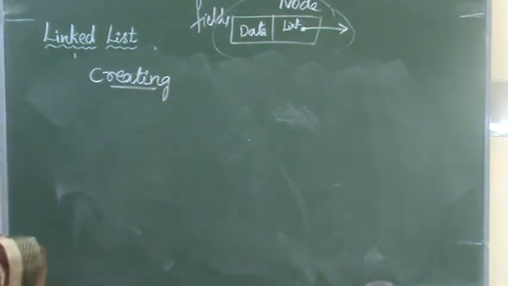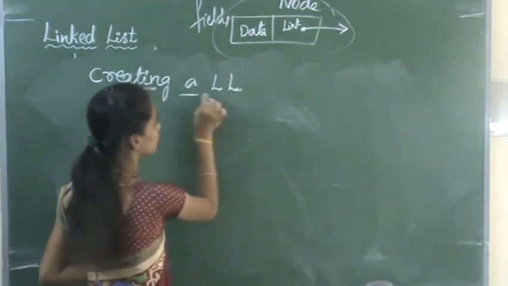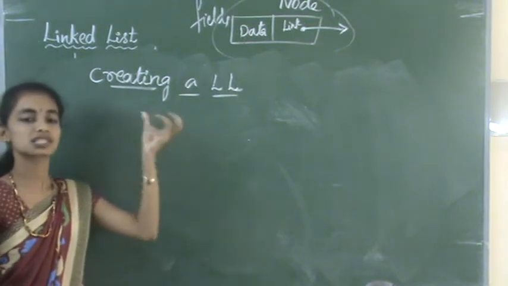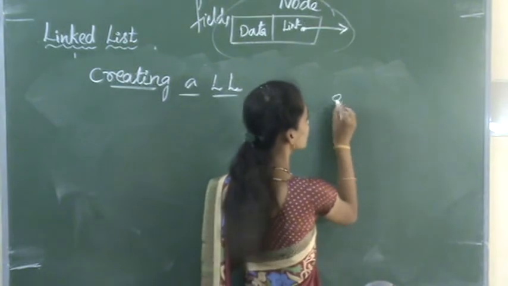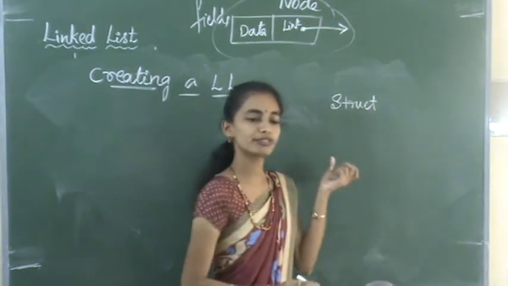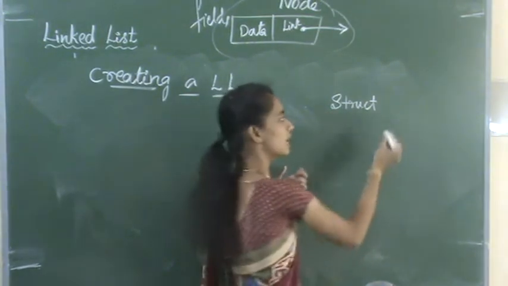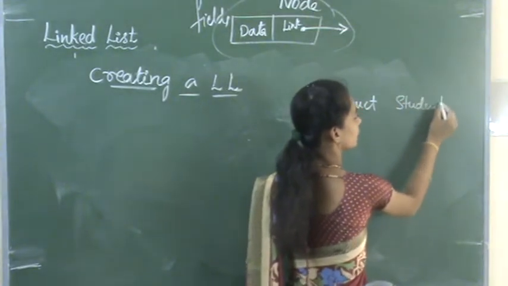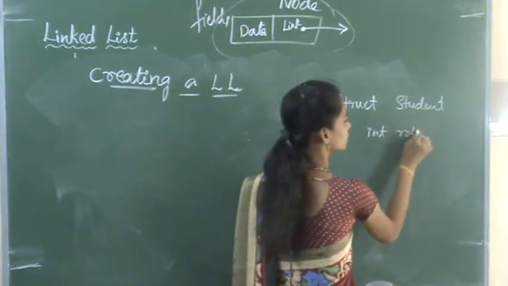for creating a linked list, we are using the structure. You people remember in first PUC we used the struct keyword to define a structure, right? So we use the keyword struct and then the structure name, and then we provide some data types.